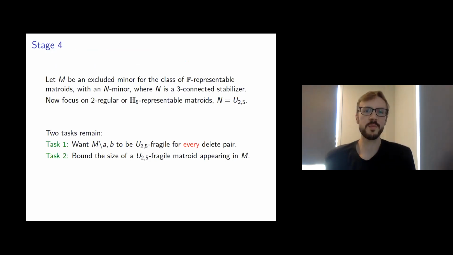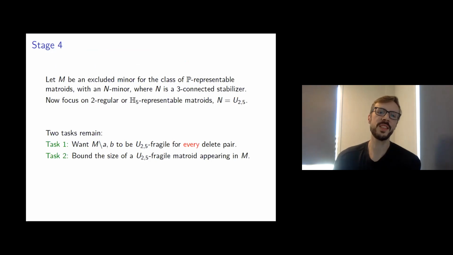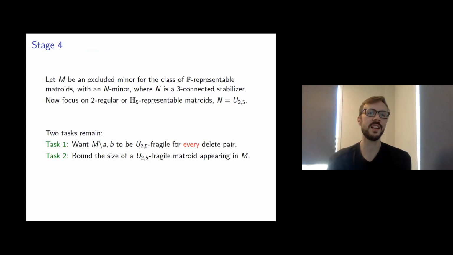Okay, so this brings me to this 4th stage of the argument. So from now on, I'm going to purely be focused on the case where the stabilizer is U2,5. We're looking at either k-regular or Hydra-5 representable matroids with a U2,5 minor. And I've identified these 2 tasks that we still need to deal with.